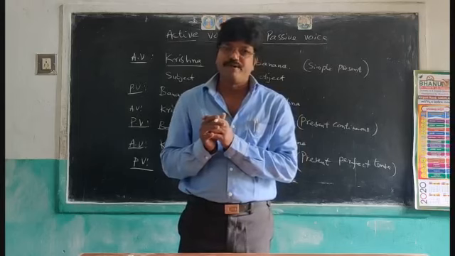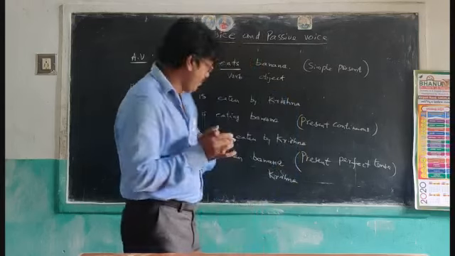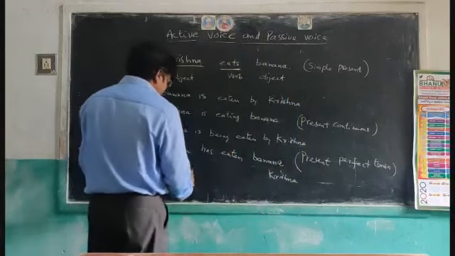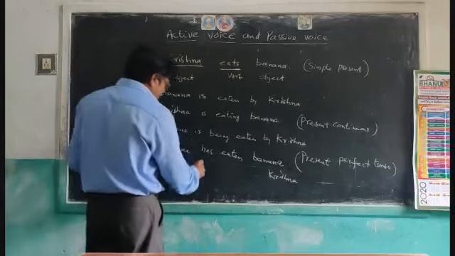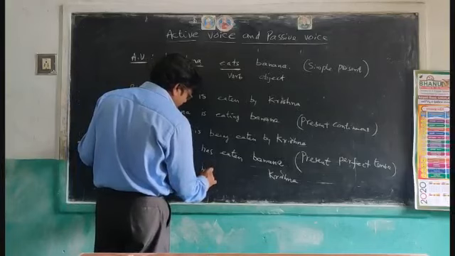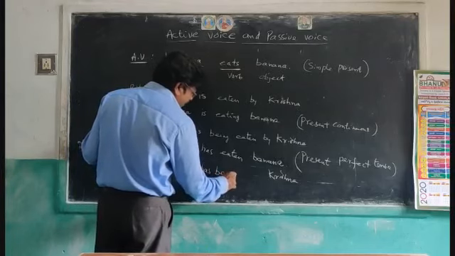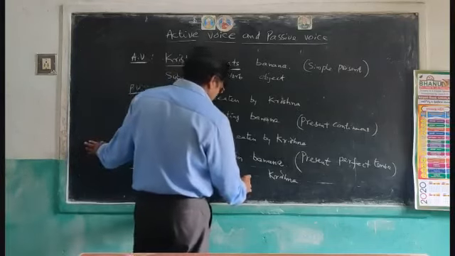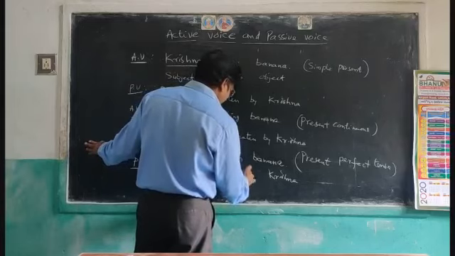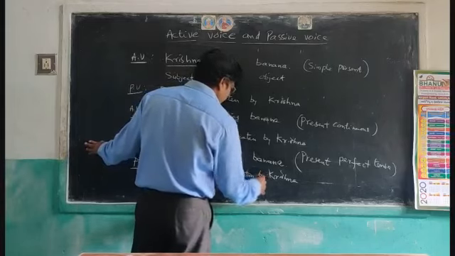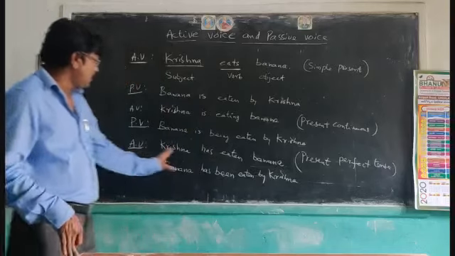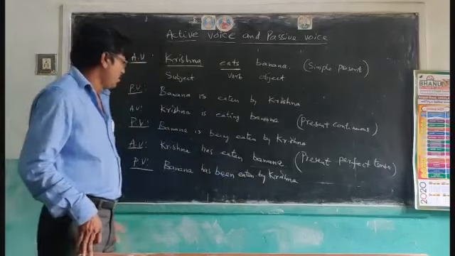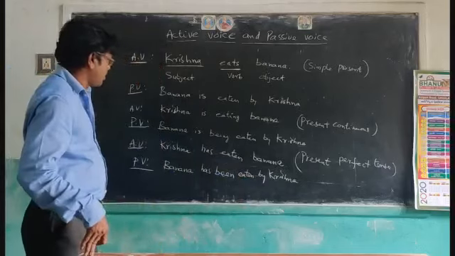We use the be form been. Banana is also singular, so we use has. Banana has been eaten by Krishna.